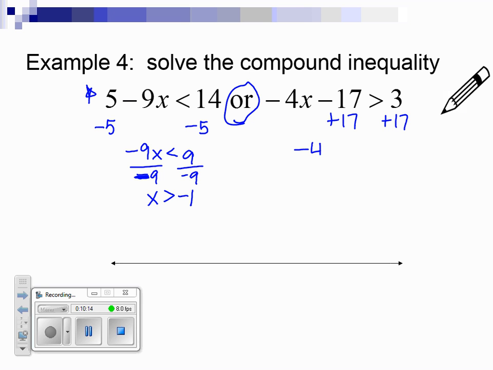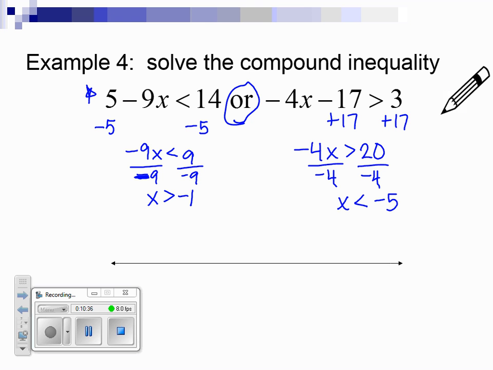We get negative 4x is greater than 20. Divide by negative 4. Oh, we're dividing by a negative again. So we have to flip that inequality sign, so it's x is less than negative 5. So our solutions fall either greater than negative 1, or x is less than negative 5.